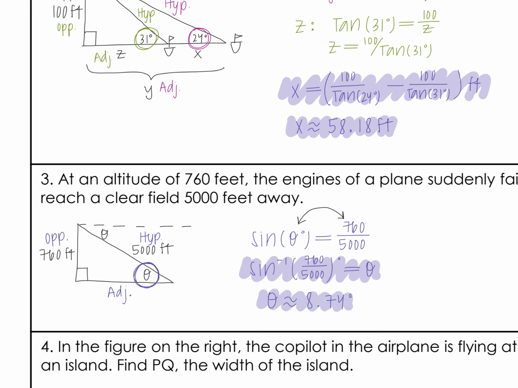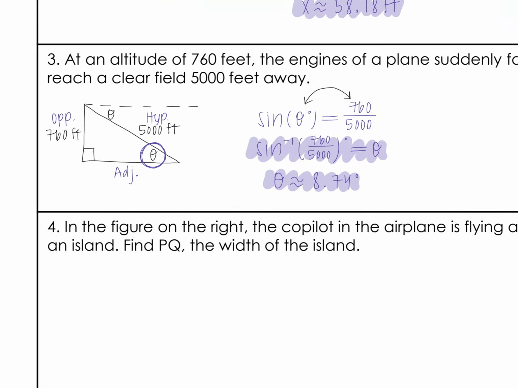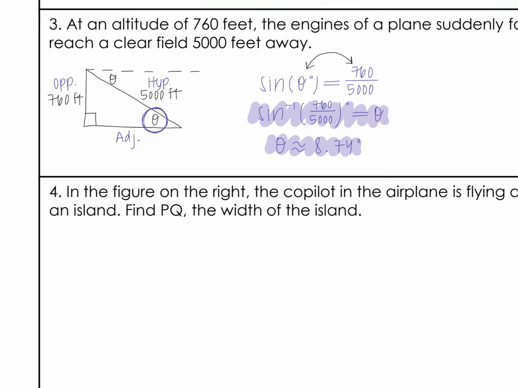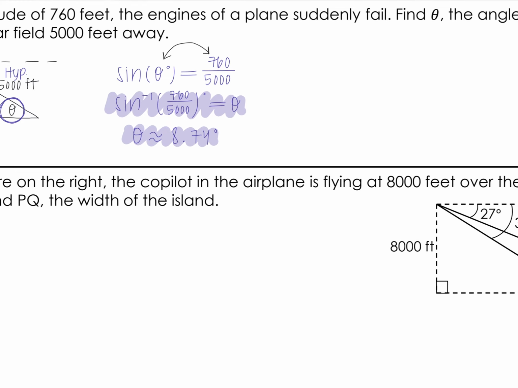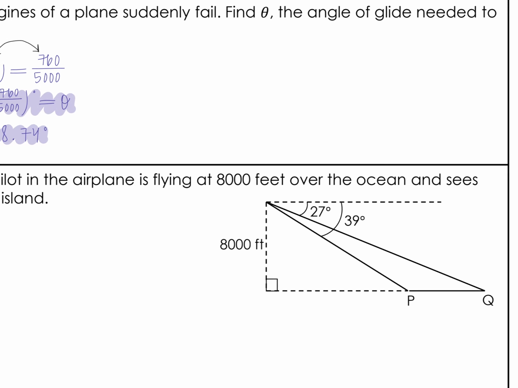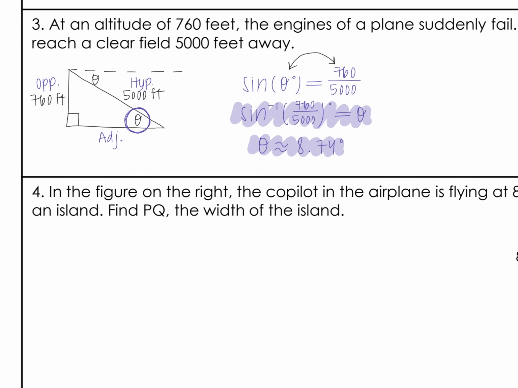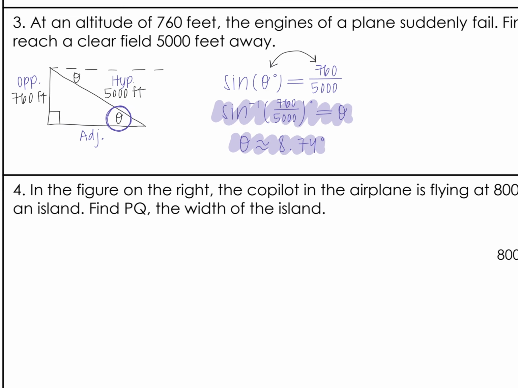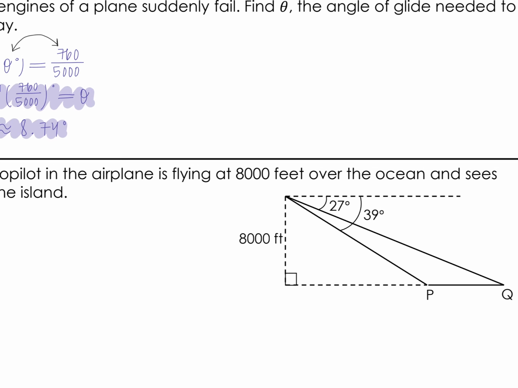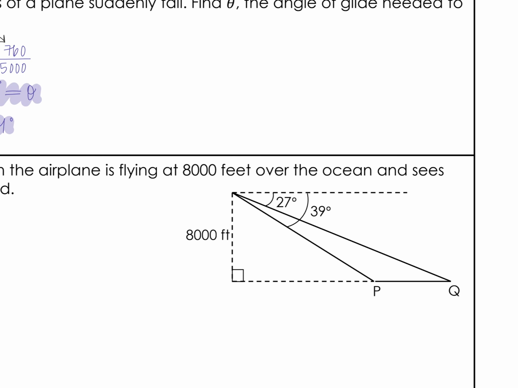All right, now let's move into our final problem. In the figure on the right, the co-pilot in the airplane is flying at 8,000 feet over the ocean and sees an island. Find PQ, the width of the island. So we are going to be finding this length here.